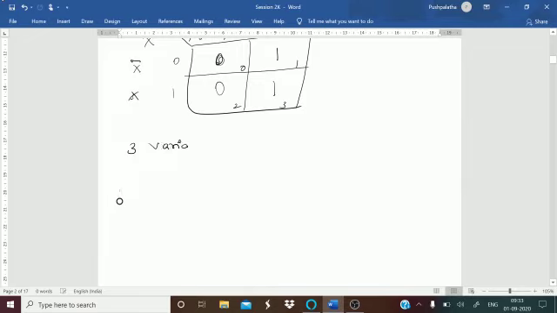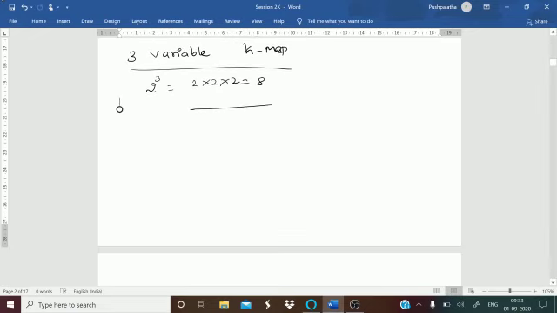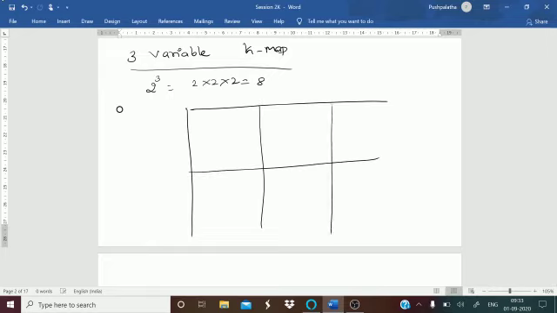3 variable K-map. Now when we are talking about 3 variable K-map, as we said, it will be 2 to the power of 3, that is 2 into 2 into 2, that is 8. 8 boxes should be there. So when you have 8 boxes, okay, so 0, 1, 2, and remember, as we said here, only one change can be made.